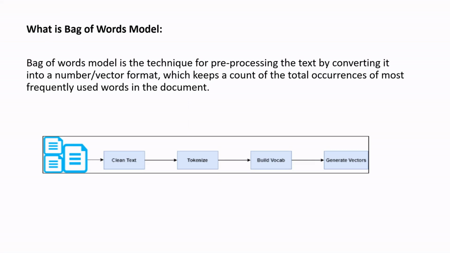Coming to applications, we use the bag of words model not only in natural language processing, but also in information retrieval from documents and document classification. The process involves initially cleaning the text, followed by tokenization, then building the vocabulary, and ends by generating vectors.